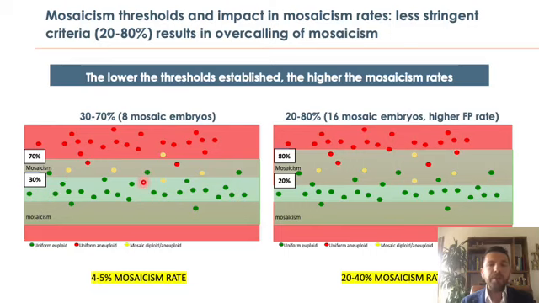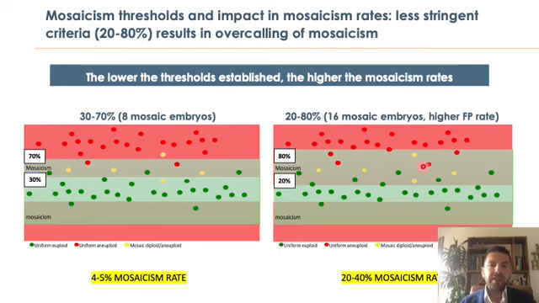Or, in an attempt to increase the analytical sensitivity toward mosaicism classification, we may apply less stringent parameters for mosaicism designation, reporting mosaicism when the chromosome copy number values fall between 20 to 80%.